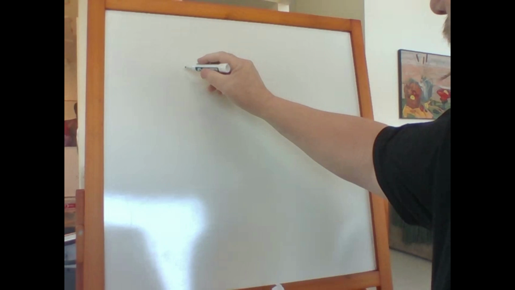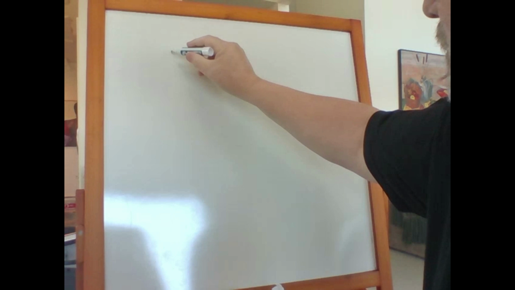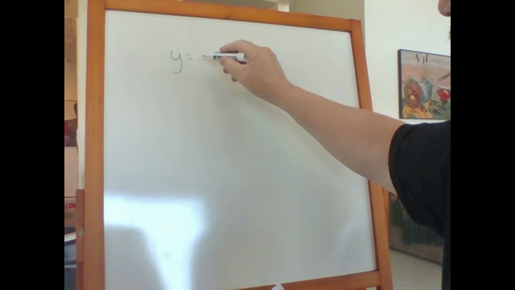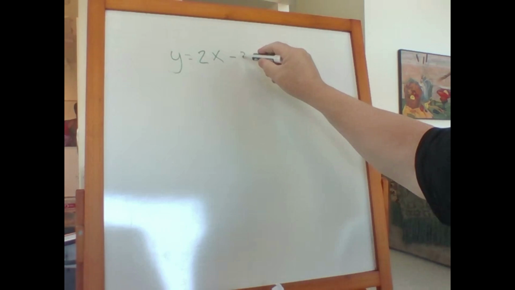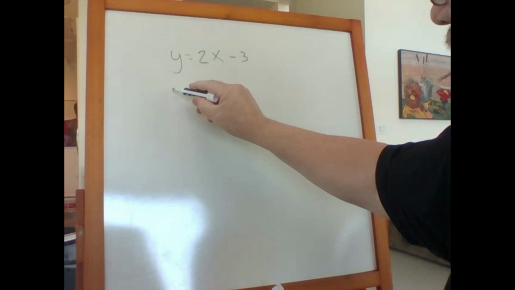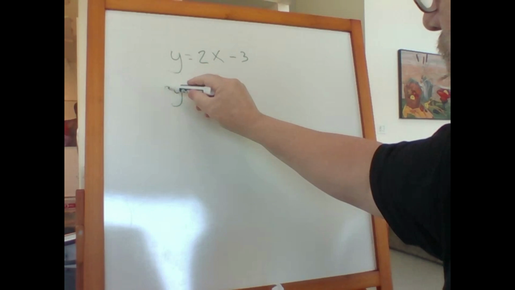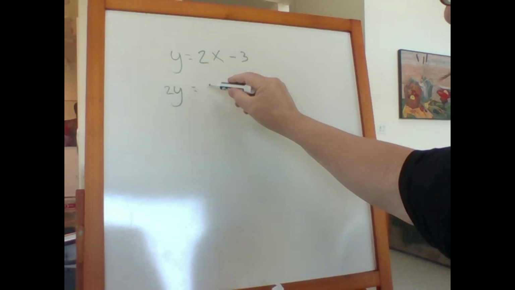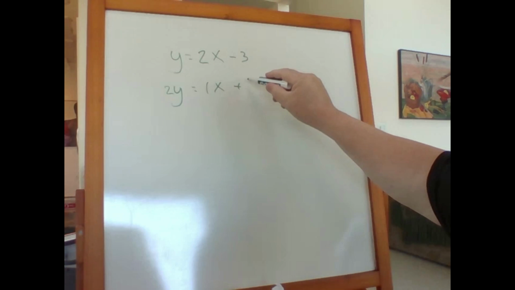So let's say we have a formula y equals 2x minus 3, and another, 2y equals 1x plus 4.